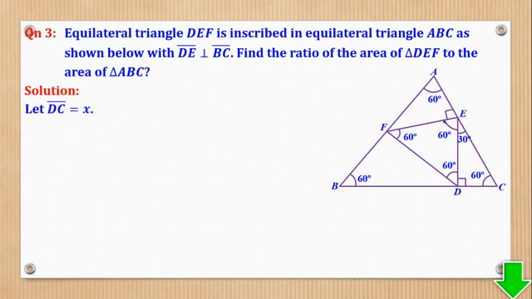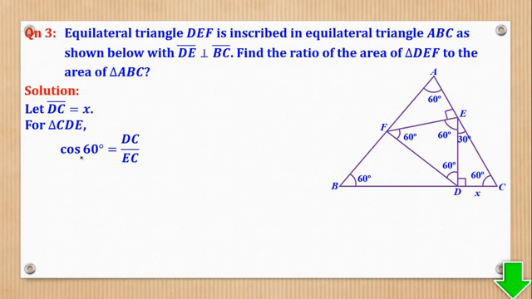So we shall let DC be equal to x. Then let us put x here. So I have right angles, meaning I'll need to use Pythagoras theorem somewhere. For triangle CDE, I can use Pythagoras theorem, but the good thing here, I have the angle and this side, which becomes easier to use SOHCAHTOA.